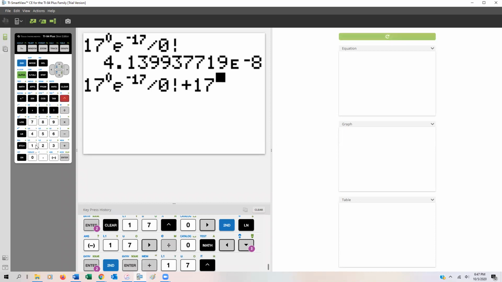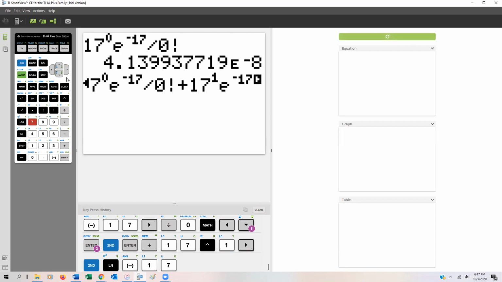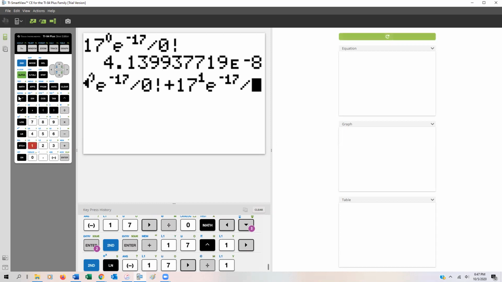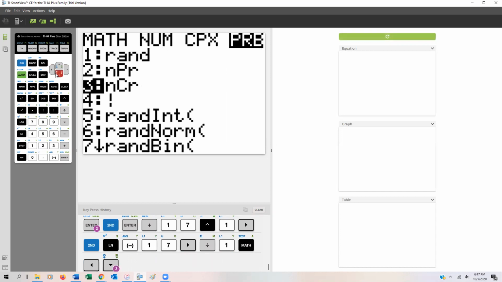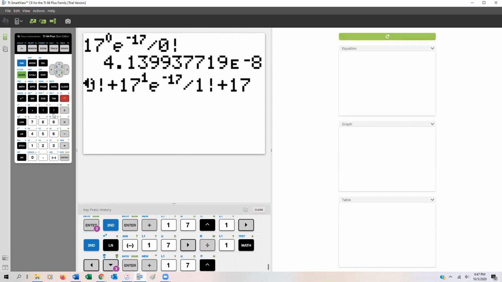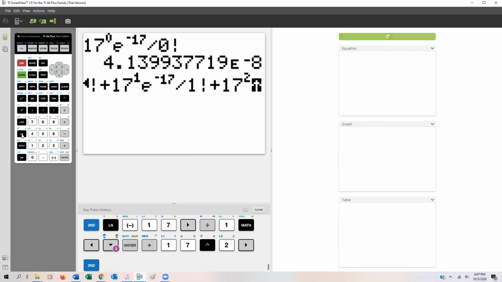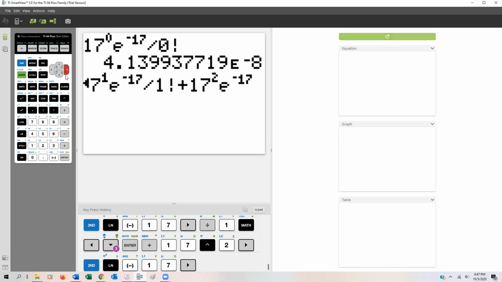17 raised to the first, e to the minus 17 divided by 1 factorial. By the way, we know that 1 factorial is 1, but just in case you don't trust me. Plus 17 to the second, e to the minus 17 divided by 2 factorial.